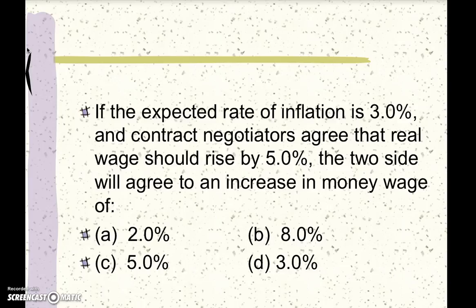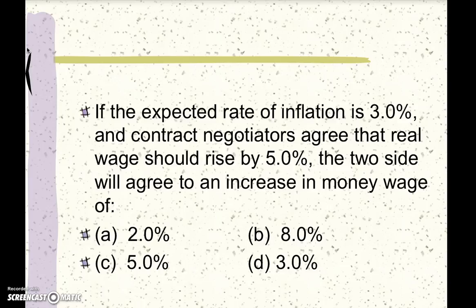So here's an example. If the expected rate of inflation is 3%, so remember our equation, R is equal to N minus I. And the Antigua and Barbuda Workers Union, they agree that persons should have a real wage increase of 5%.